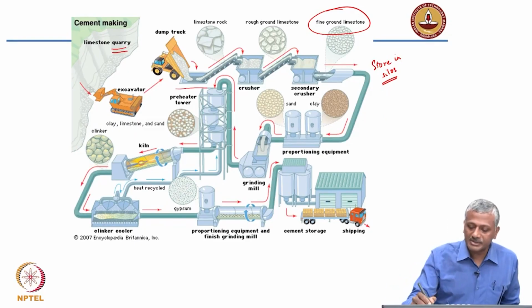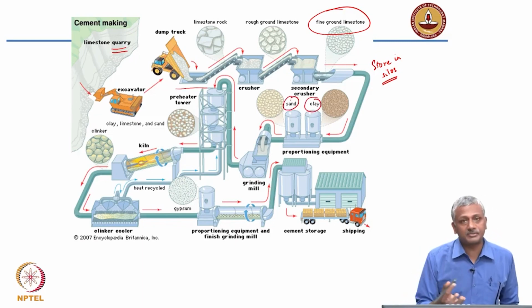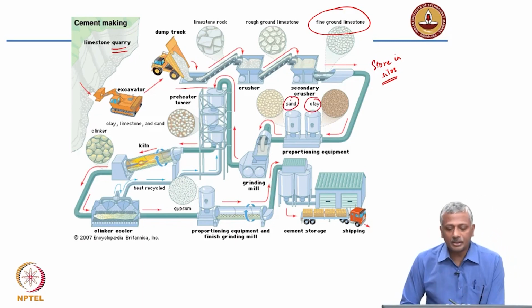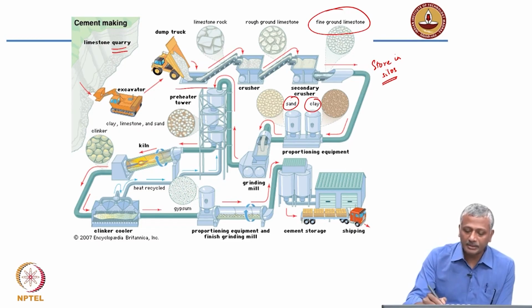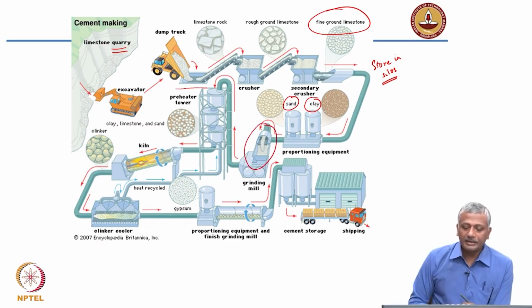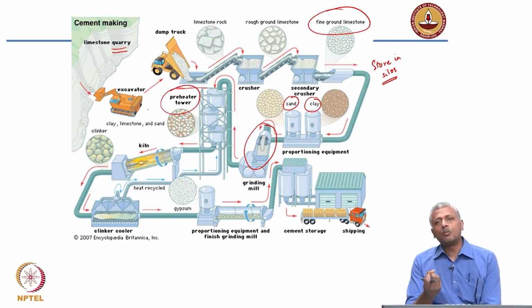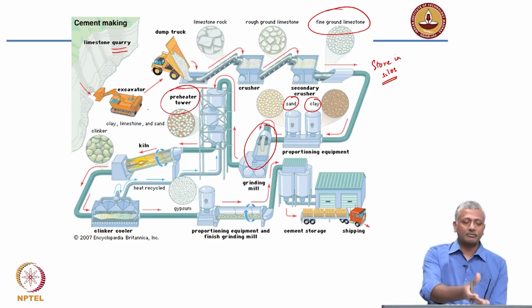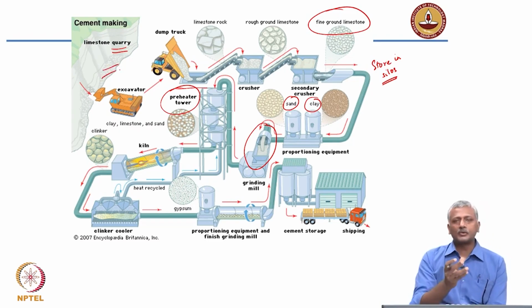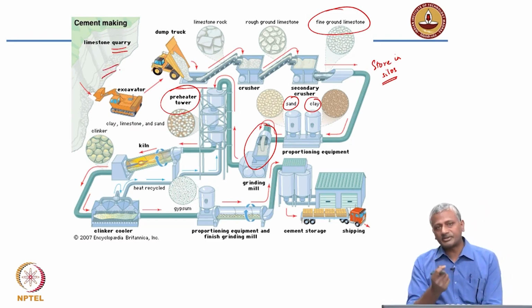You also have storage silos which have clay and sometimes sand, depending upon the silica content that you want. You do all the proportioning, and sometimes you grind the material together with the limestone and then send it to what we call a preheater. If there is any free water, since limestone is extracted from the quarry, the stone is not going to be exactly dry, there will be some wetness in it.